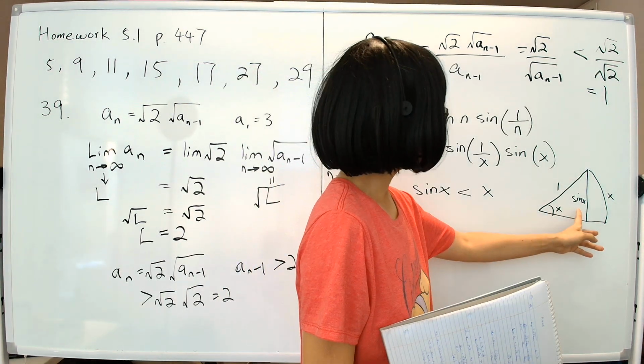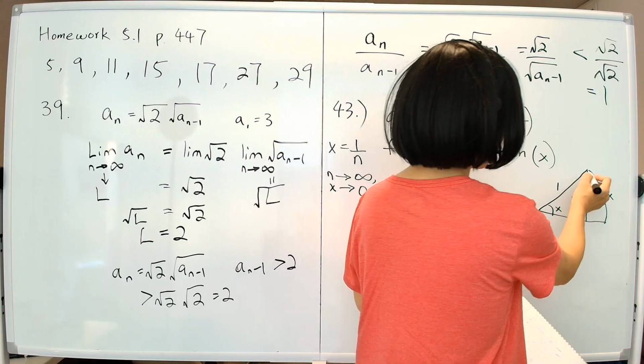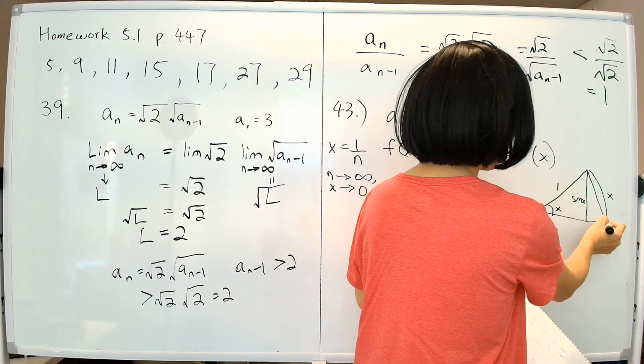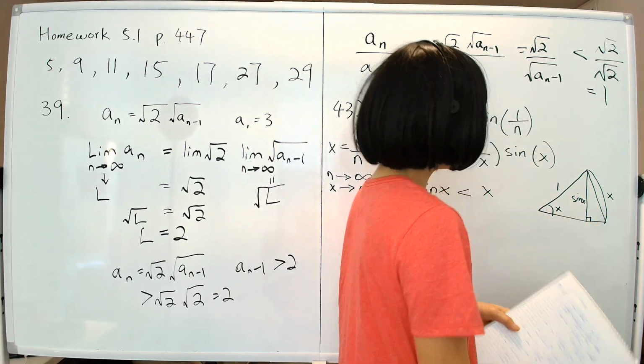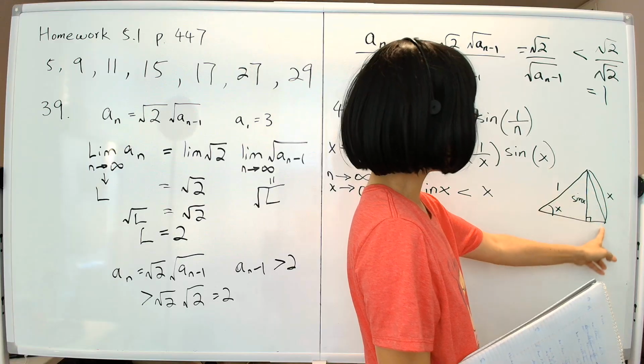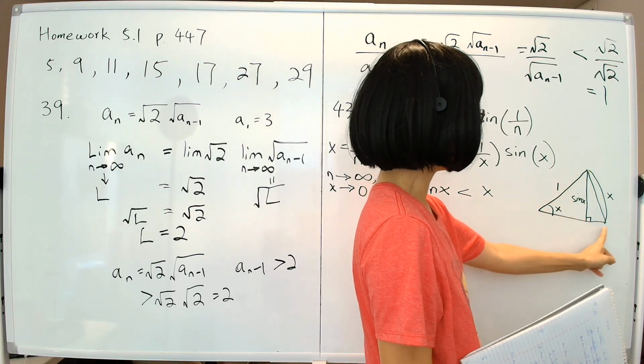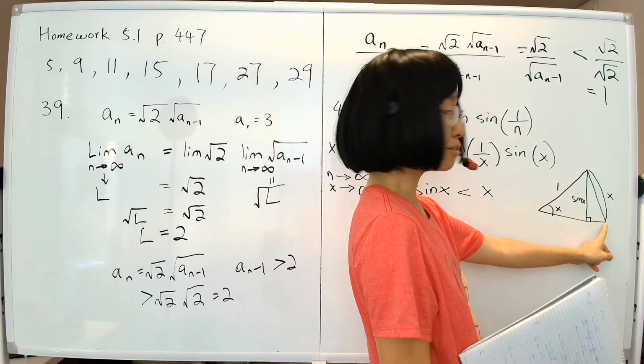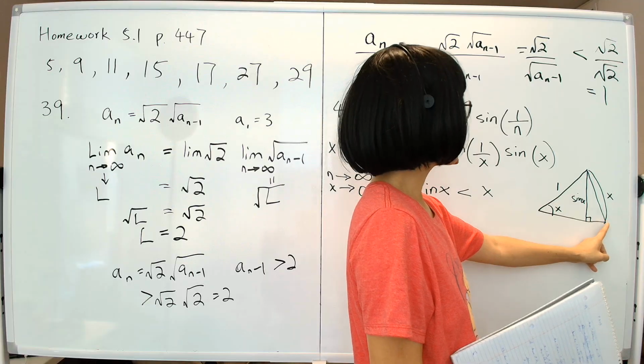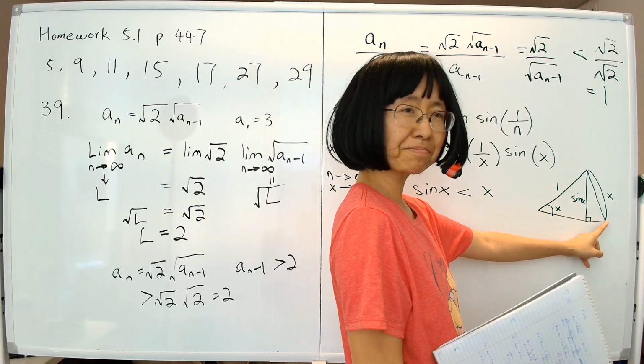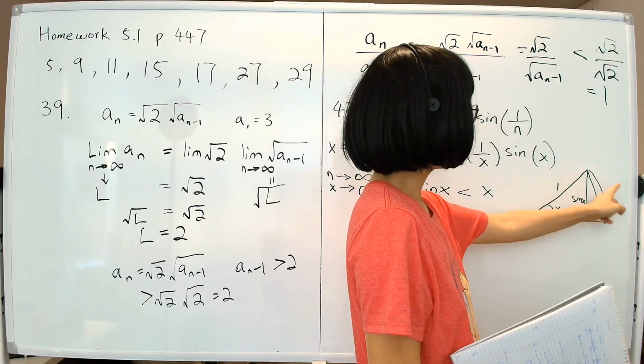So as you can see, the sine of x is a side of the right angle triangle, which is less than the hypotenuse of this right angle triangle here. The hypotenuse is what is called, I think, the secant. But anyway, it's shorter than x.